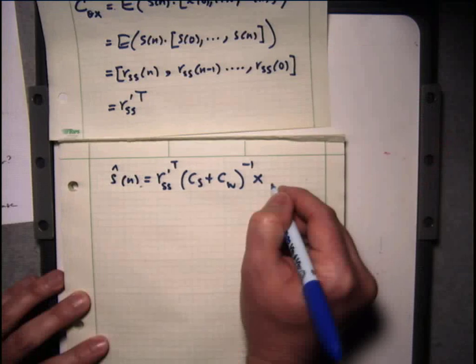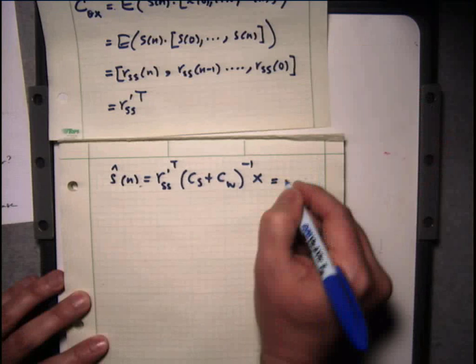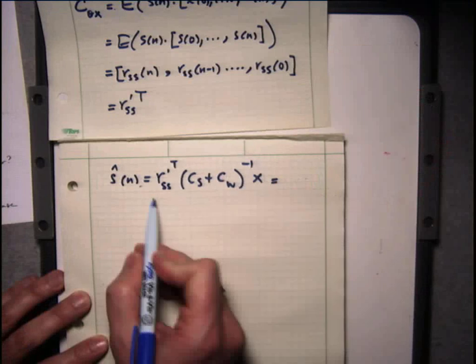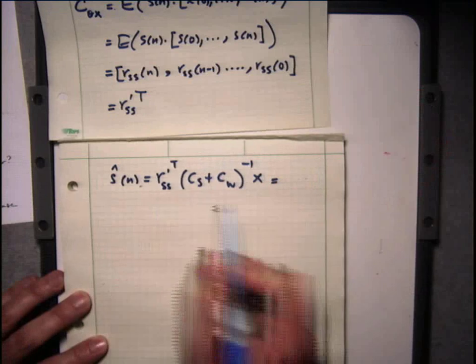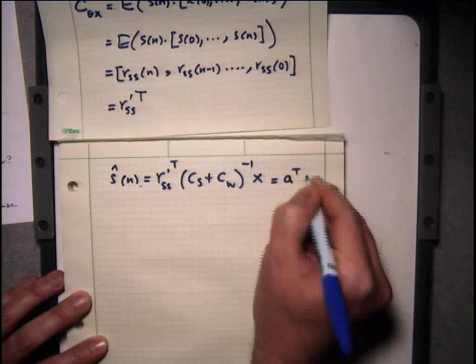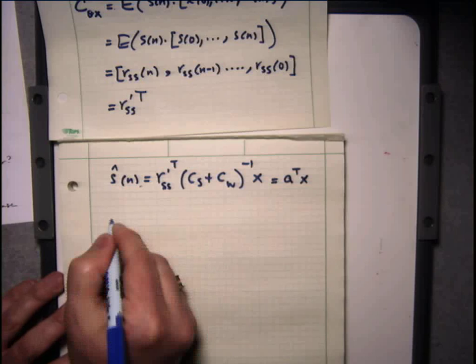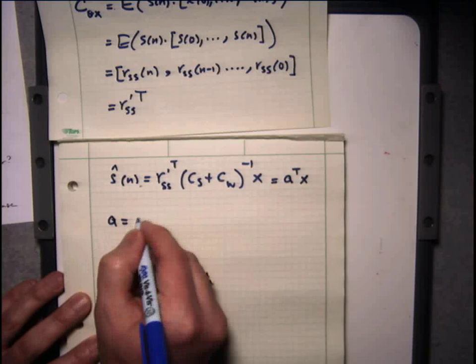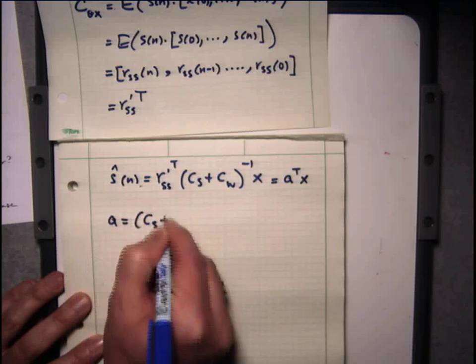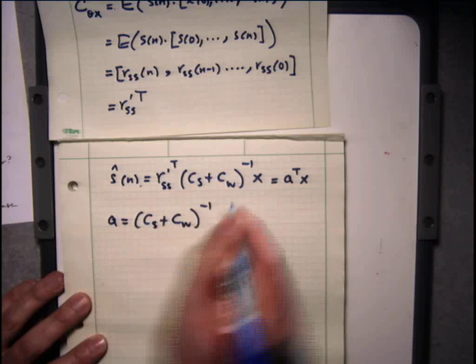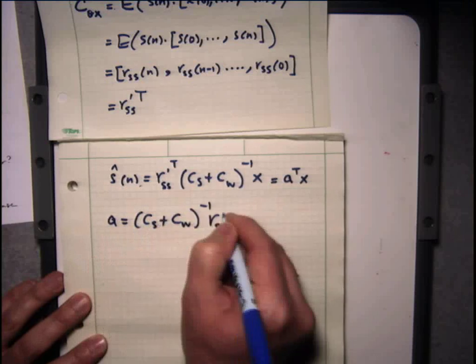So you can think of this as a linear filter. This is just a vector, let's call it A transpose X, where A is CS plus CW inverse times RSS prime.